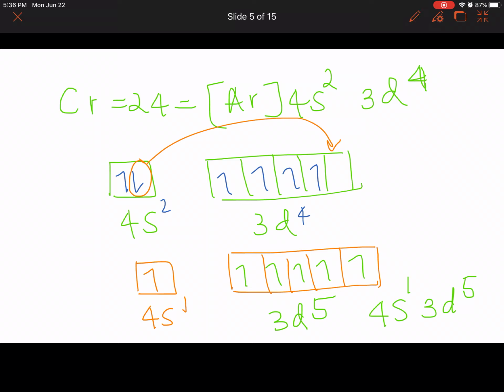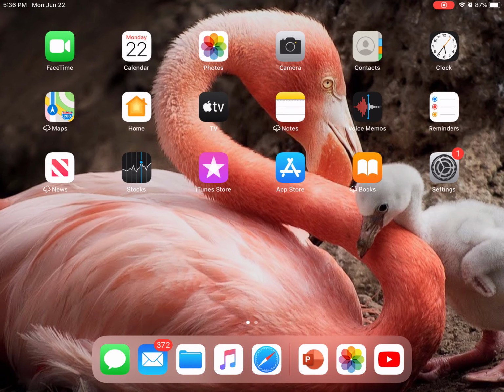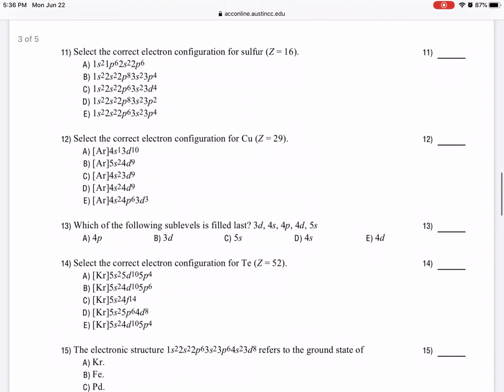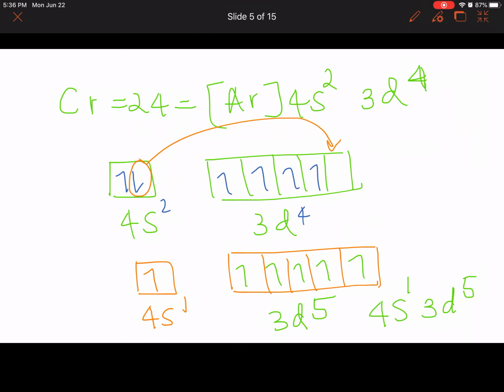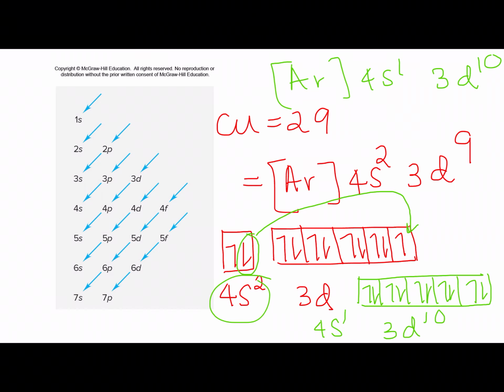Okay, so the next question, number 13. Which of the following sublevels fills last? Is it the 3d, 4s, 4p, 4d, or 5s? Now for this one you can refer to this chart over here.